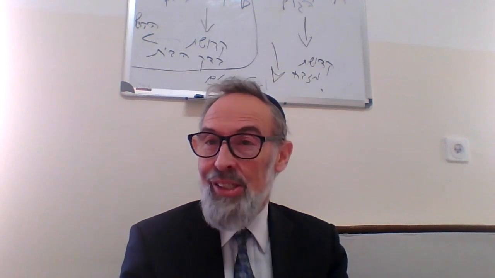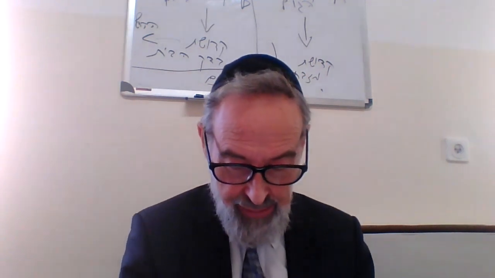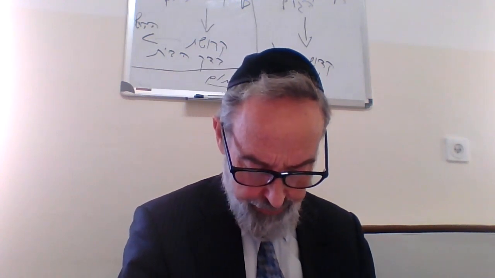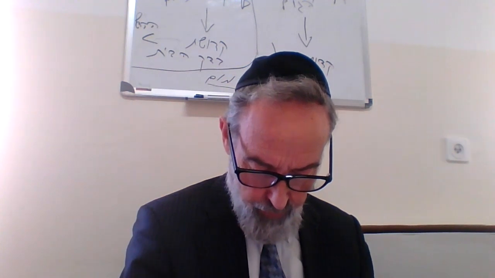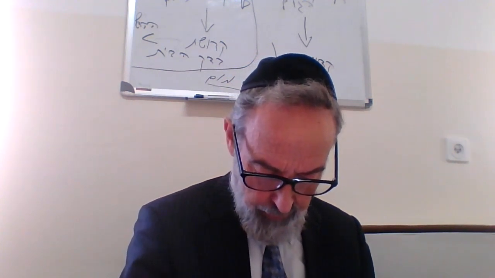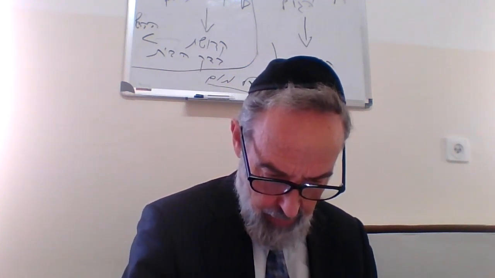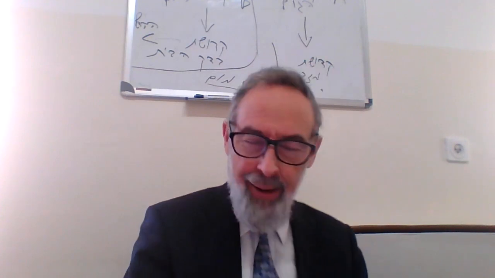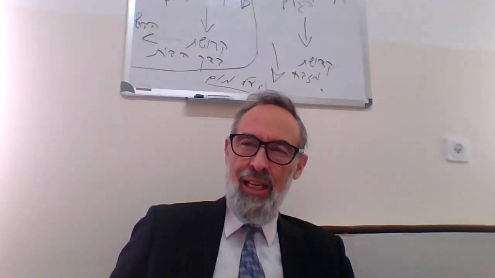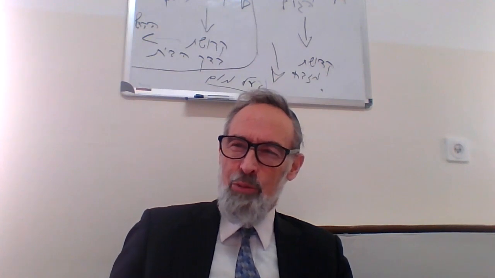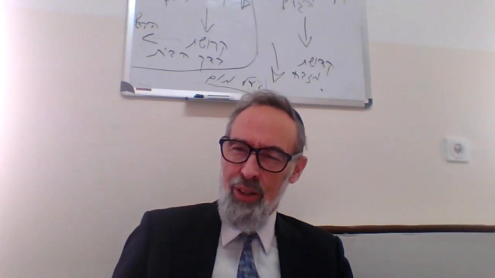So he has an analysis of this in the next paragraph. Let's see what he says. Wait a second, I think we're missing a very important point here before we go on.